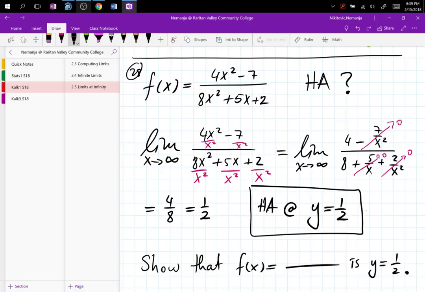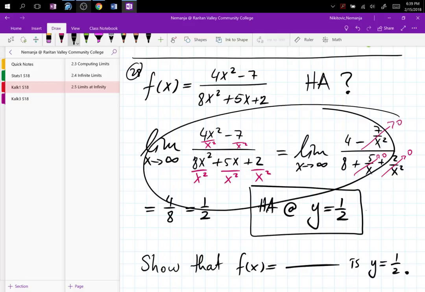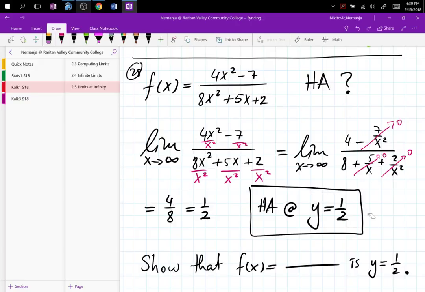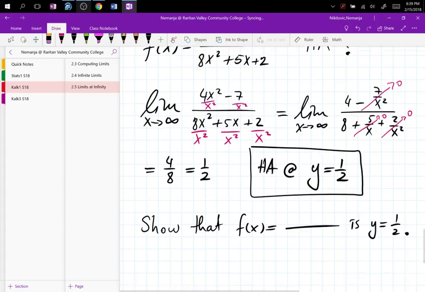So it's like, oh yeah, the degree and stuff. No, what they're asking is to do this, to show that you know the definition for horizontal asymptote using limits, and then crank it. Fair? Welcome to Calc 1.